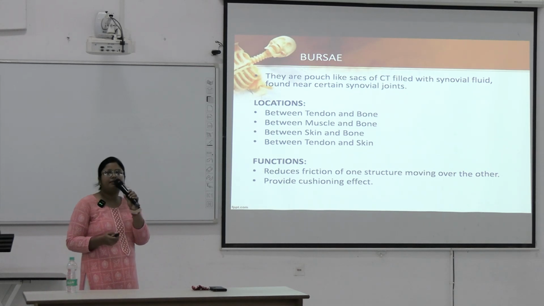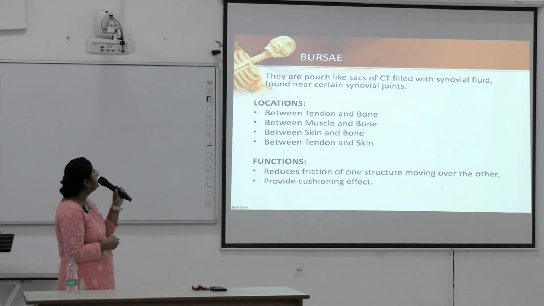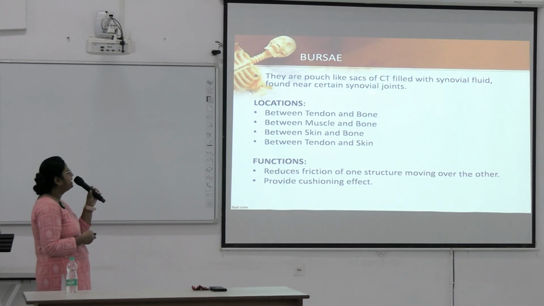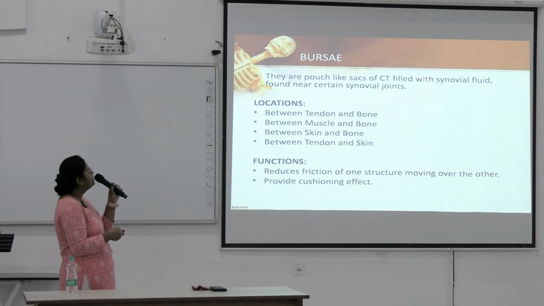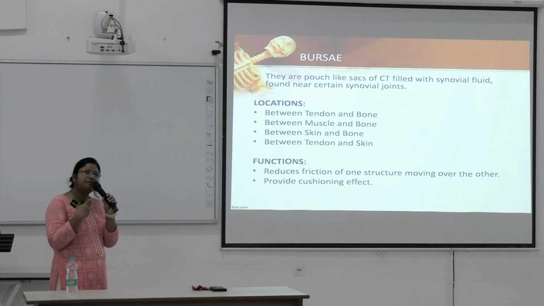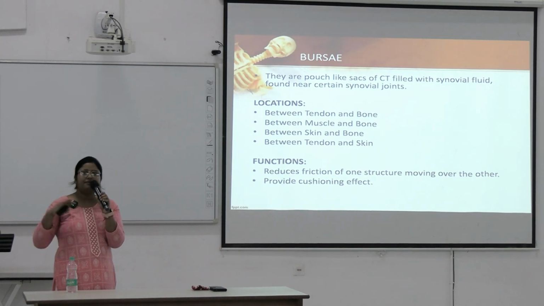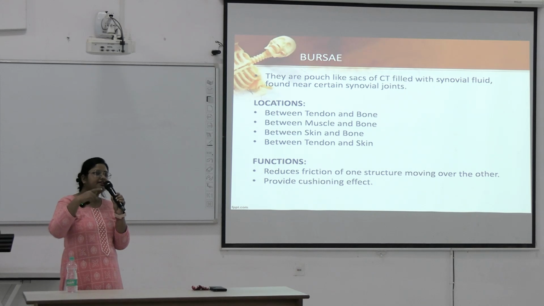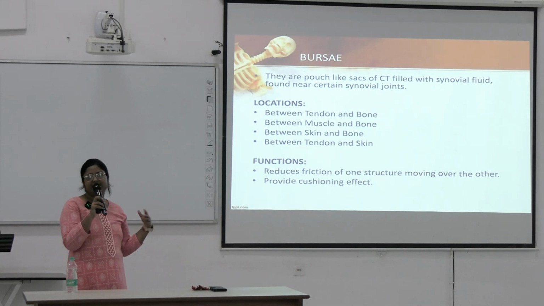Next we go to the bursa. What is a bursa? They are pouch-like sacs of connective tissue filled with synovial fluid, found near certain synovial joints. We have seen bursae in those pictures, the subacromial bursa and the suprapatellar bursa.